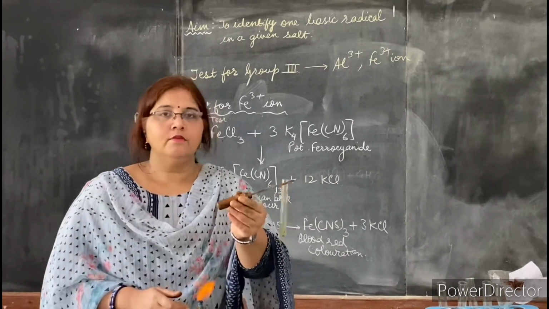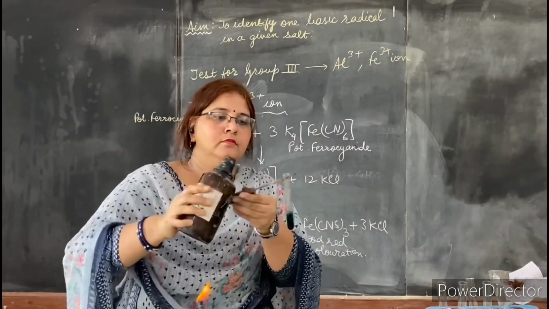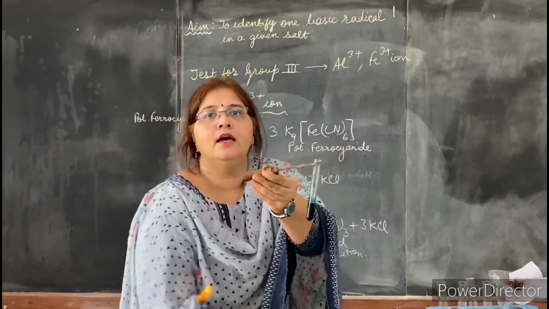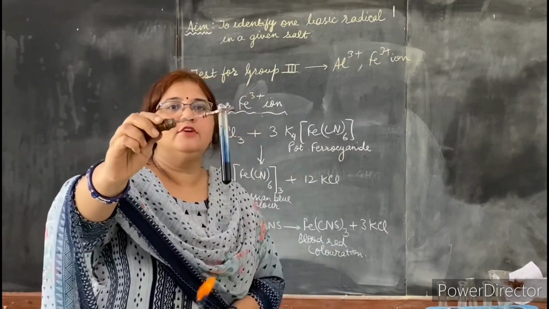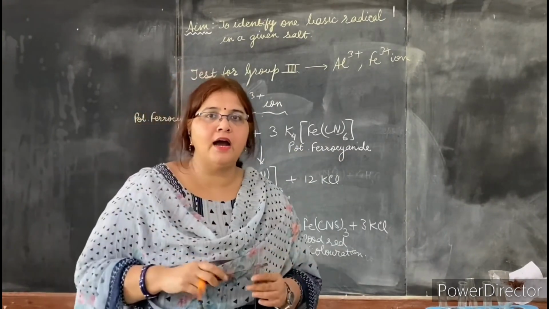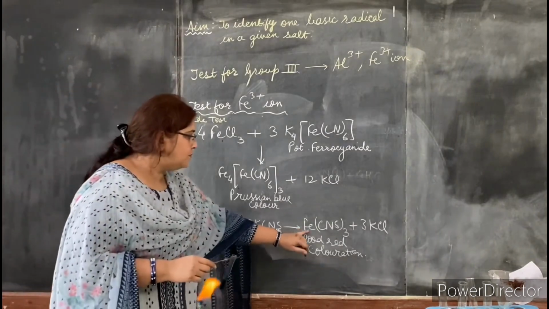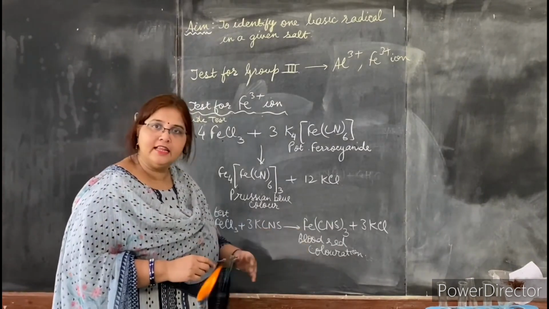So, we will add the potassium ferrocyanide to it. A Persian blue color is obtained. You can see over here a Persian blue color. To the next part, add potassium thiocyanate and you will observe a blood red coloration.